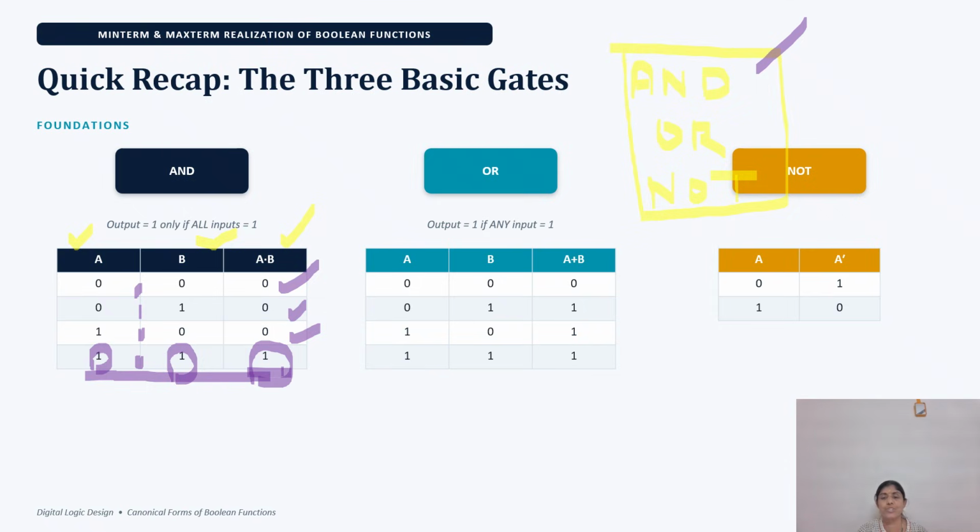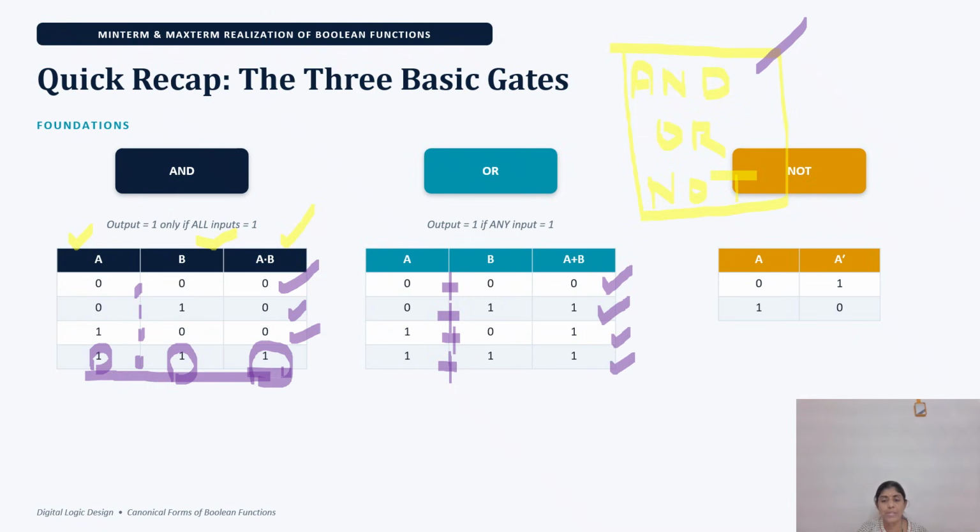The next one is your OR gate, right? What is an OR gate? OR gate is an addition operation, so you consider OR gate as a positive representation, right? In this positive representation, 0 plus 0 is 0. 0 plus 1 is 1. 1 plus 0 is 1.